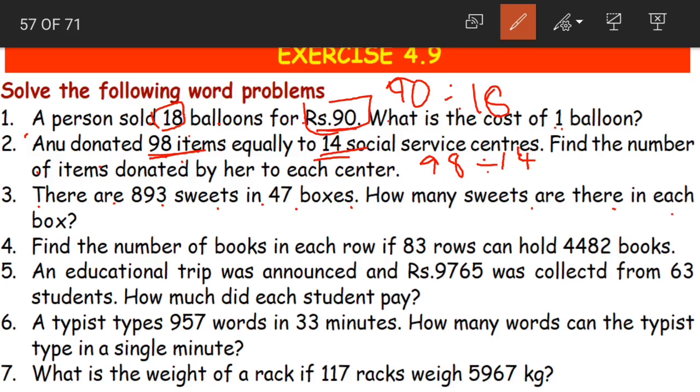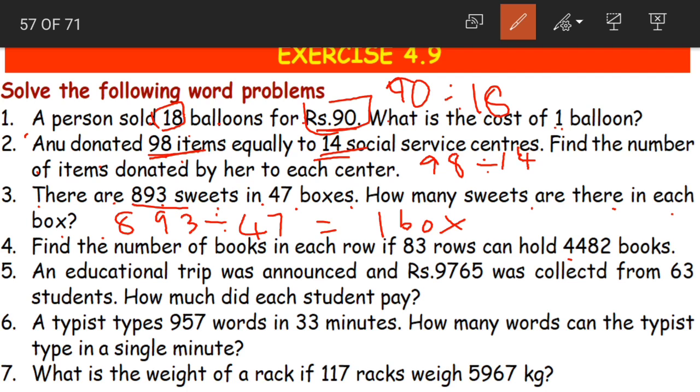Next, there are 893 sweets in 47 boxes. How many sweets are there in each box? Again, the total number of sweets divided by the total number of boxes will give us the number of sweets in one box. 893 divided by 47. Next, children, find the number of books in each row if 83 rows can hold 4482 books.